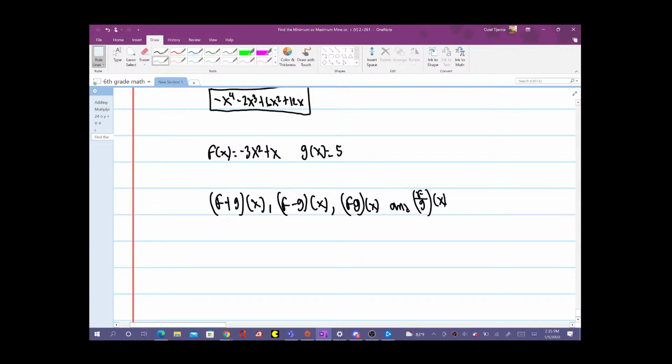So f plus g of x, again, is f of x plus g of x. So this is going to be negative 3x squared plus x, and then g of x is equal to 5, so it's going to be plus 5.